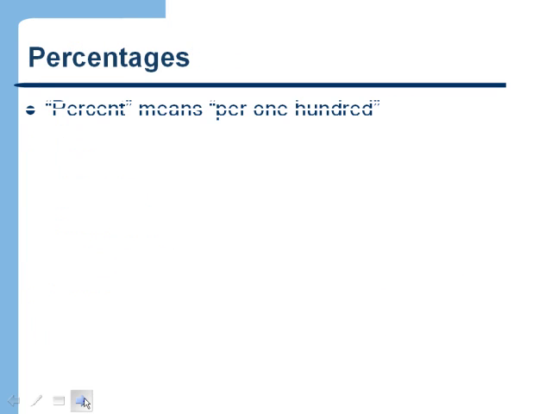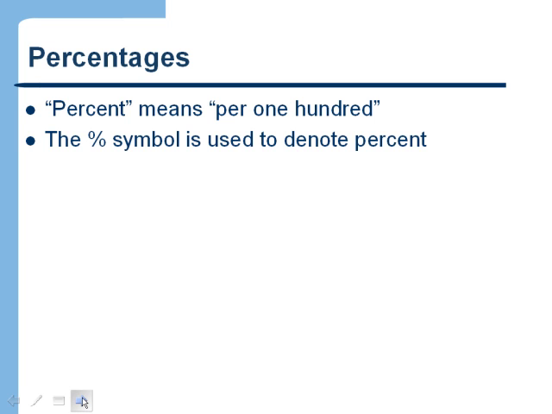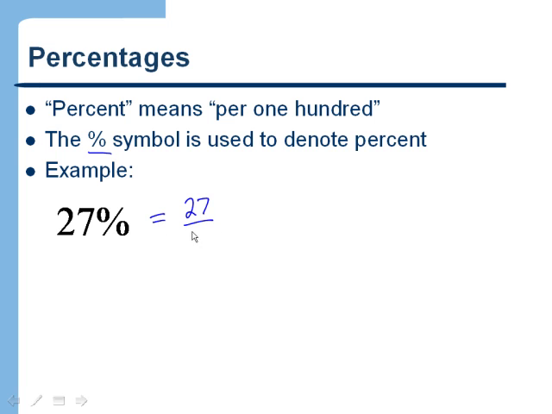We now want to look at percentages. The term percent simply means per 100. And in order to keep track of when we're dealing with percents, we use this symbol, the percent symbol, to denote percents. So let's take a look at an example of what I'm talking about here. Let's say that we have 27%. What 27% means is simply 27 per 100.